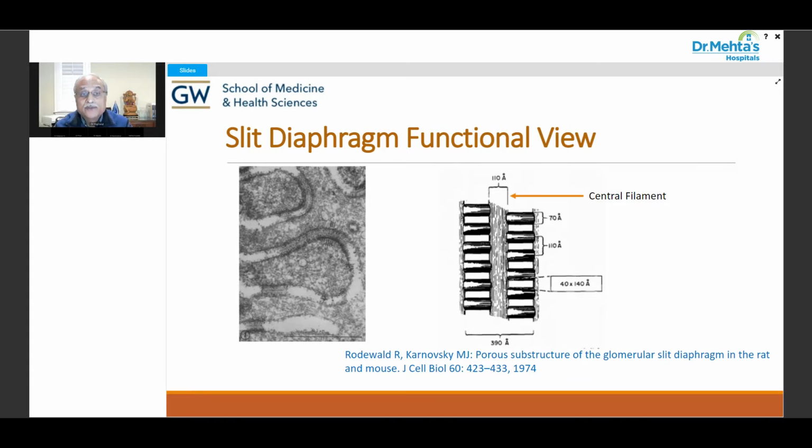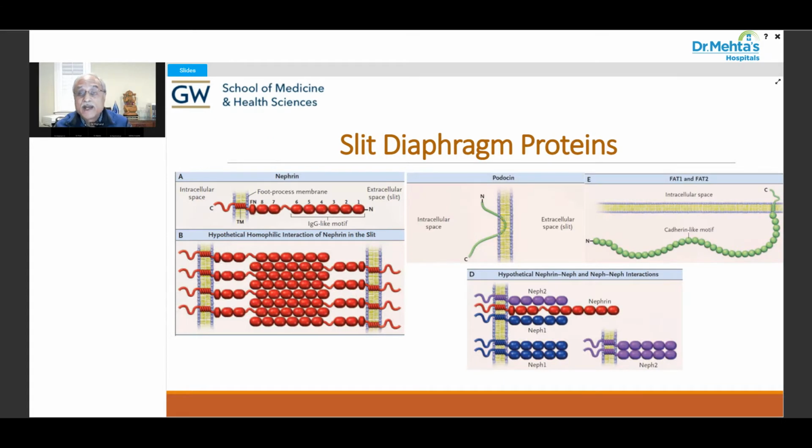Now, the current view is that the slit diaphragm is much more complex. Its central core is made of nephrin molecules coming from each of the adjacent podocytes. On top of that, there are Neph1, Neph2, and other molecules within that structure in transmembrane fashion.